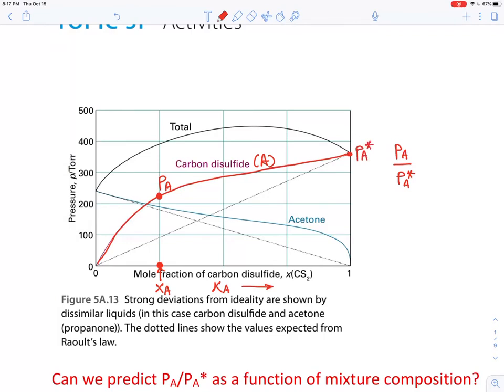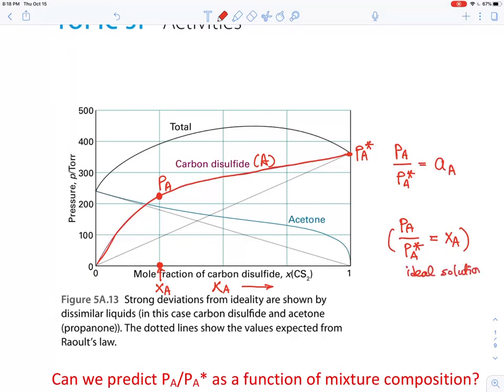So if you just focus on this relationship, now we want to introduce the concept called activity. Before, the partial pressure over the pure A pressure was essentially the mole fraction of A. That was an ideal solution.